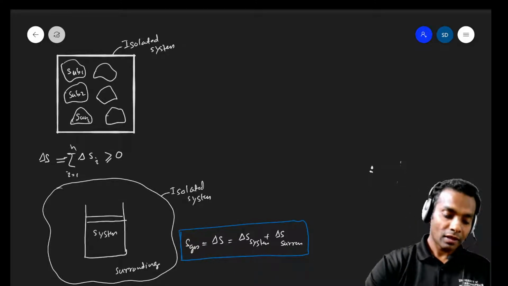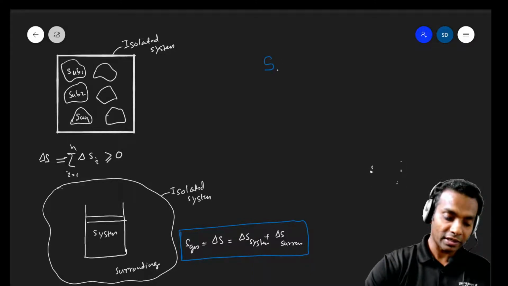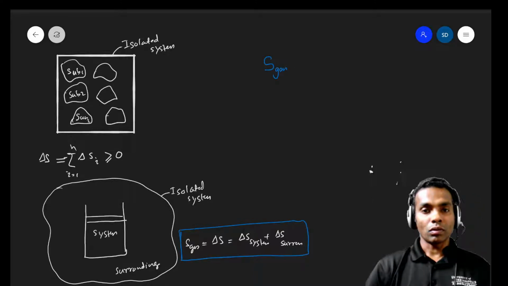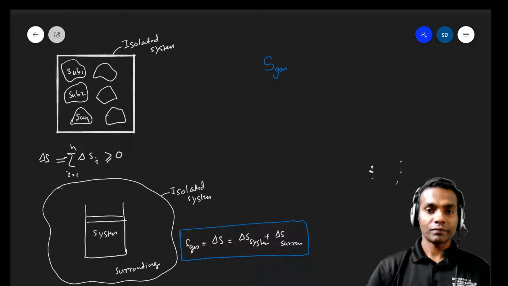Finally, we can come to this conclusion. There is a quantity that is called entropy generation, which is a positive value during an irreversible process, and it's going to be 0 in a reversible process. And if you have S gen less than 0, that is an impossible process.